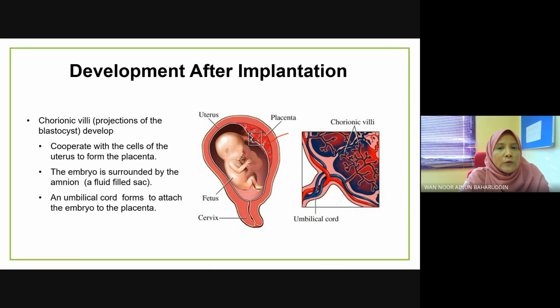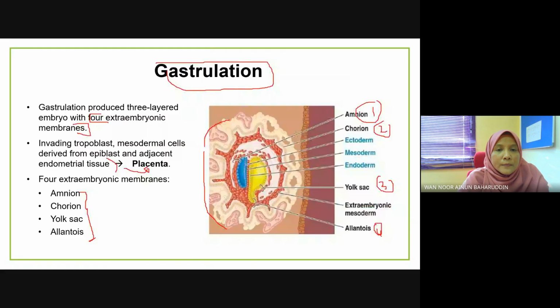We have the chorion, which forms villi, the villi projections. And then we have the amnion, a fluid-filled sac.